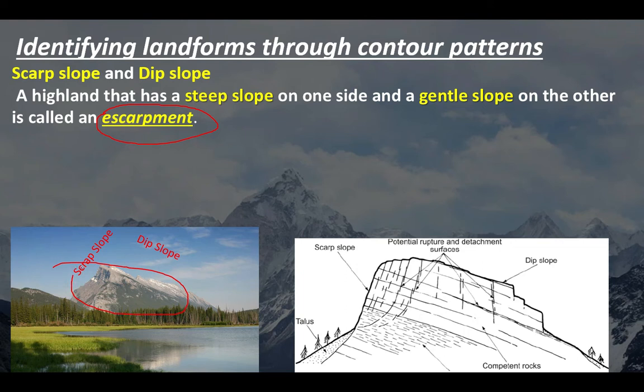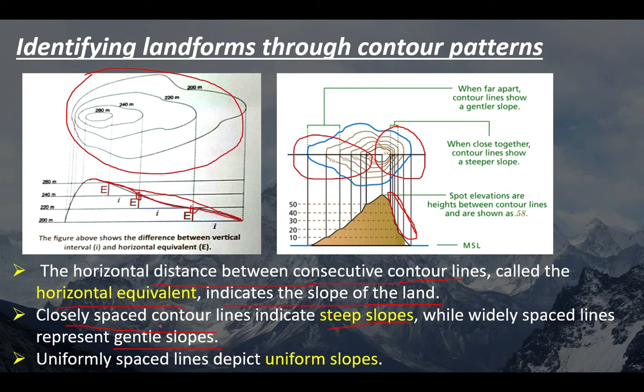What is scarp slope? See here, closely spaced contour lines indicate steep slopes. This is a steep slope, while widely spaced lines represent gentle slopes.